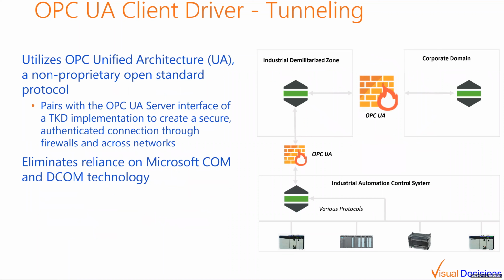OPC UA tunneling is available so that you can go through a demilitarized zone and separate your shop floor network from the higher level domain and or the internet.